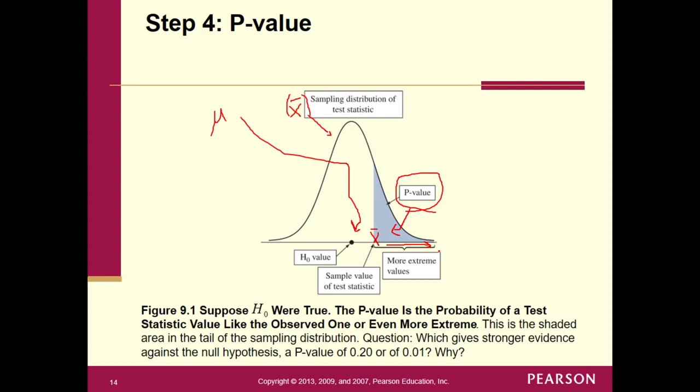Let's say that instead of having our x bar here, our x bar was way out here, 4 standard errors away. The p-value would be really, really small at that point. Notice it would shrink from this size down to just a tiny little bit right here of the sampling distribution, because this would be extended out.